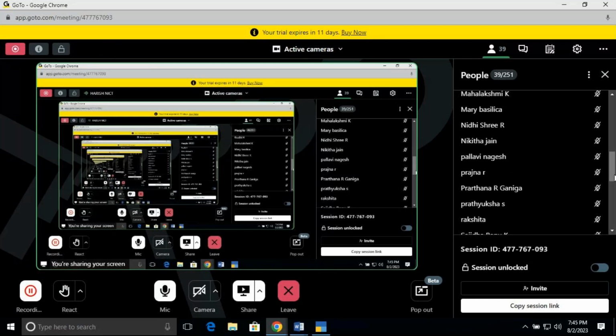Pallavi Nagesh, what is trading organization? Sir, an organization that involves buying and selling of goods. Correct. Okay. Trading organization means purchase and sale of goods.